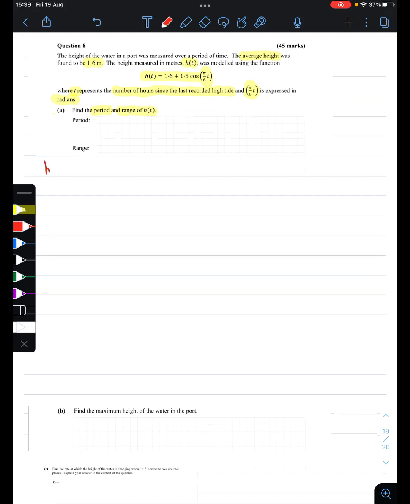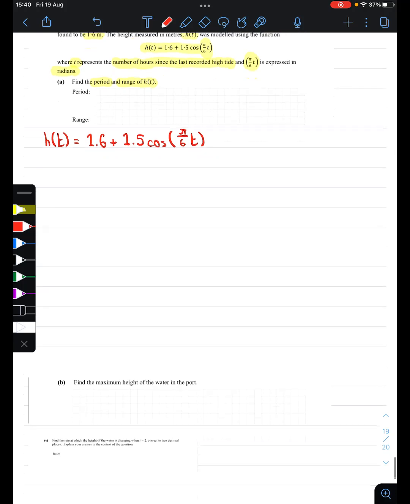So we have this function that measures the height of the water. h of t equals 1.6 plus 1.5 cosine pi over 6t. And we're looking for the period of this function.